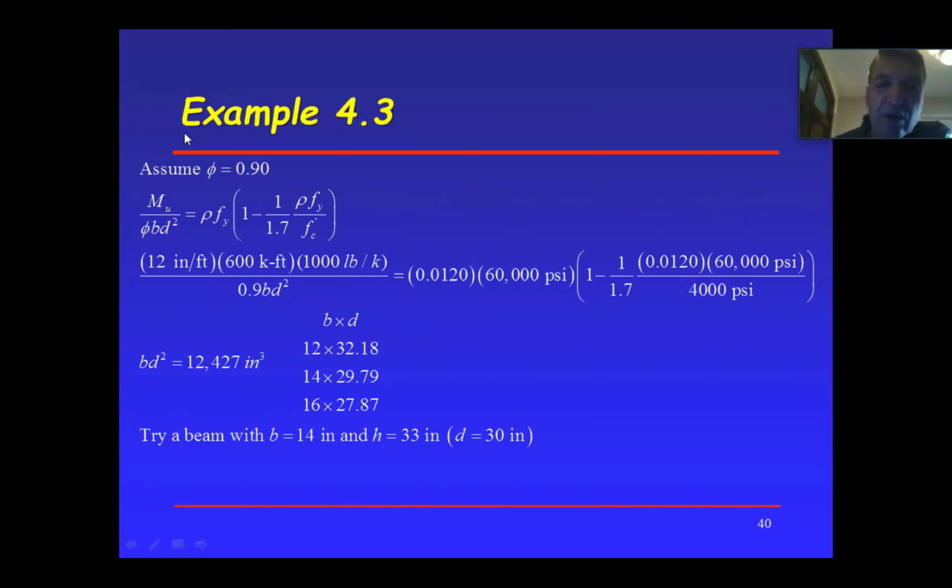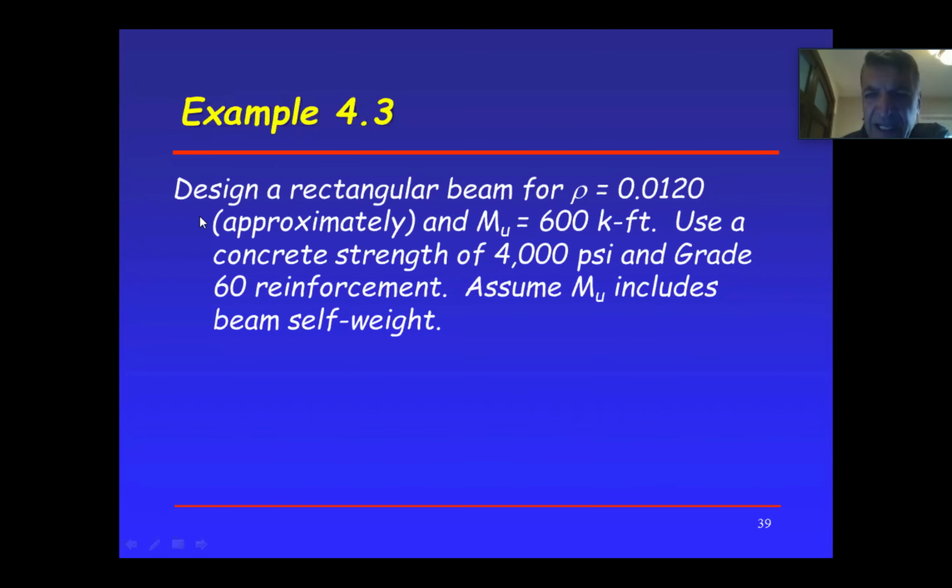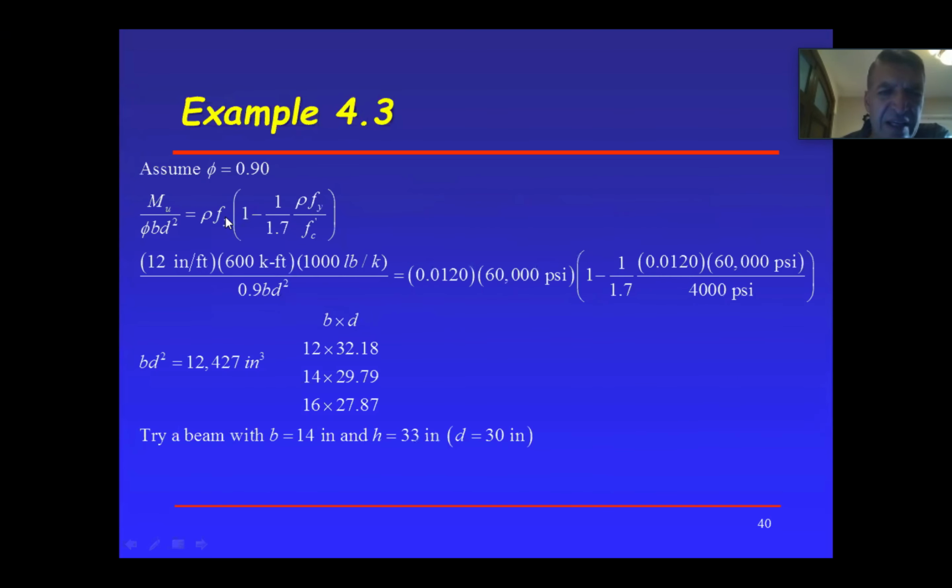So assume phi equals 0.9, and Mu over phi b d squared equals this equation. We've seen it many times. So you start substituting here. Mu is 600 given, but of course I multiply by 12 and 1,000 to get it in pound-inch, because it's 12 inches per foot and pounds per kip. Phi is 0.9.